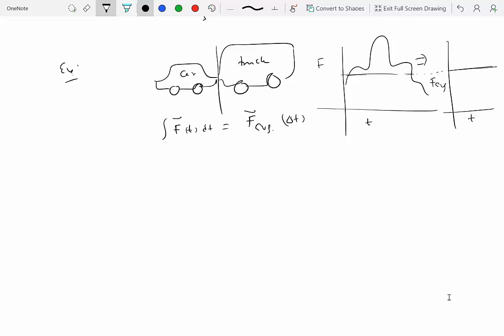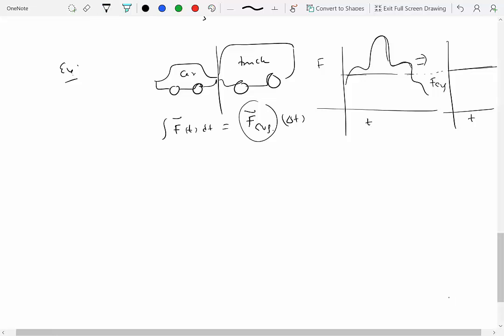Which means that we know that this average force would at least provide you a lower bound for the forces that change over time, right? So we know at least that much. So a lower bound is good too, because we can say confidently that at least this much force acted on the car at the time of impact.